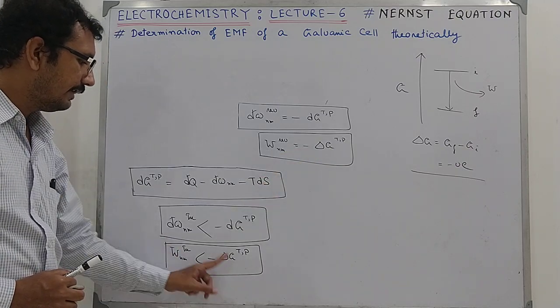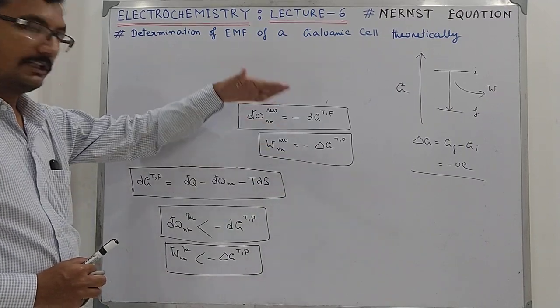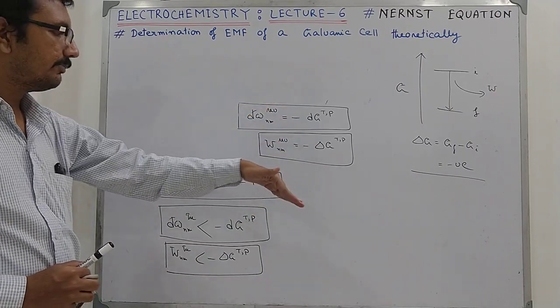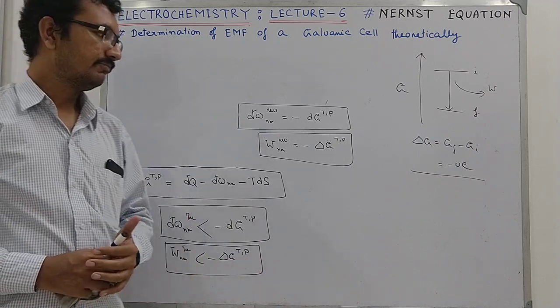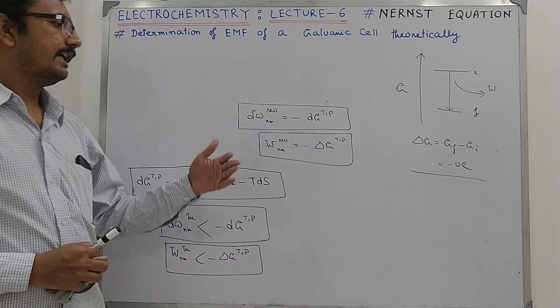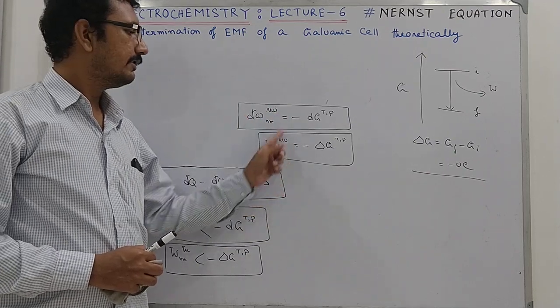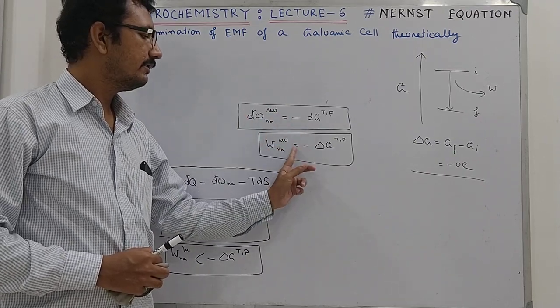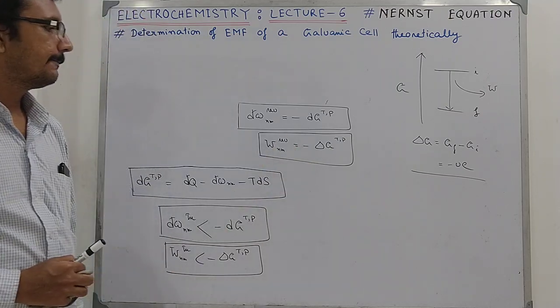So the work done will be less than this desired amount, and in the reversible case it will be equal to. So for the reversible process, you get the maximum amount of work, and for the irreversible process, you get less work. But to perform the math, we will consider the reversible process, since that is going to make our life simple, since this works with the equality.